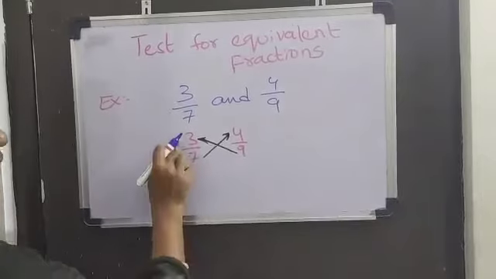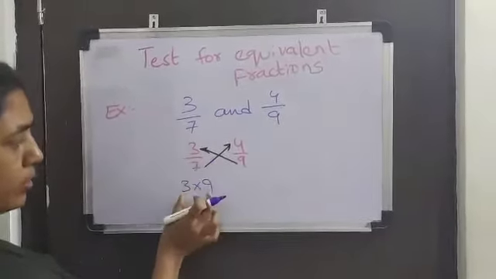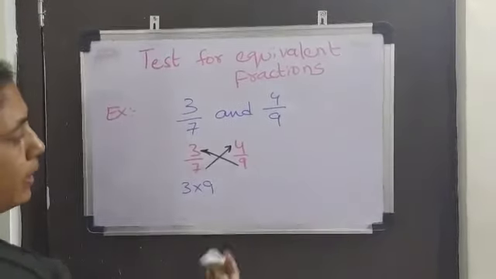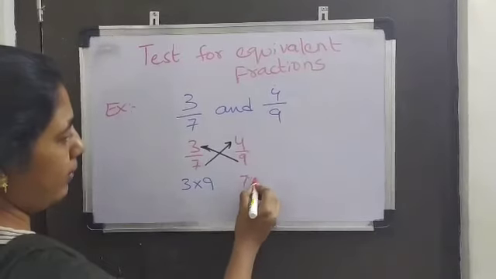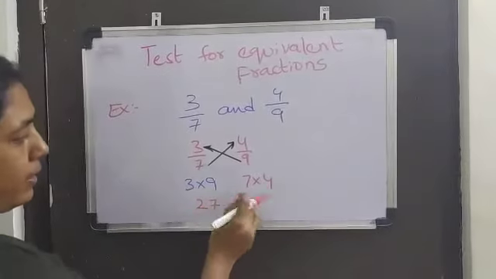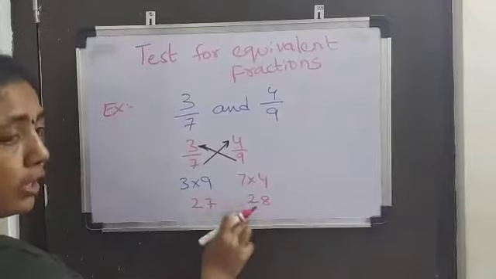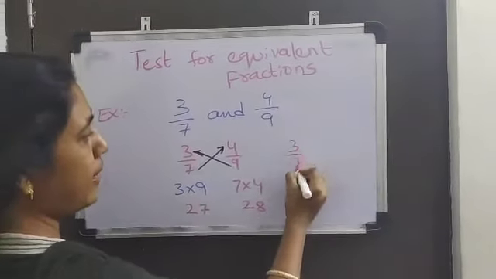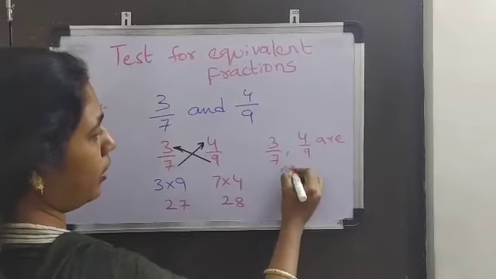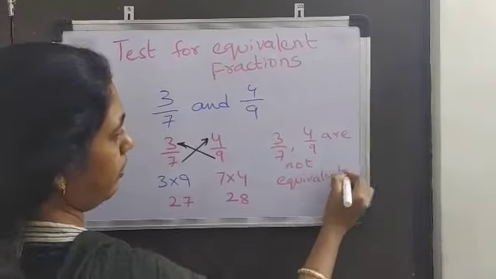The first numerator and the second denominator. 3 into 9 you write below the first fraction. Next you will write the first denominator and second numerator. 7 into 4. 3 nines are 27. 7 fours are 28. Now these both are not equal. So we can say that 3 by 7 and 4 by 9 are not equivalent fractions.